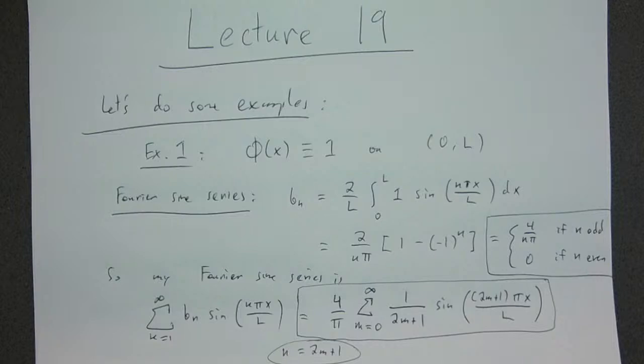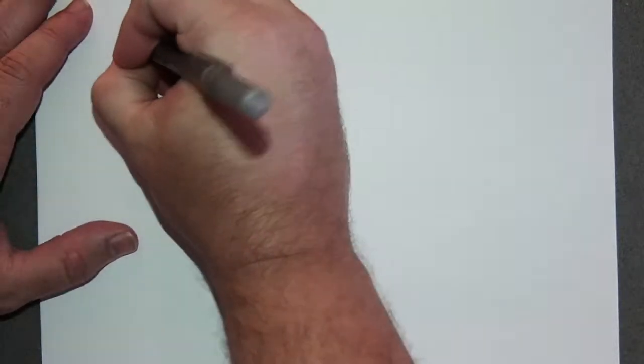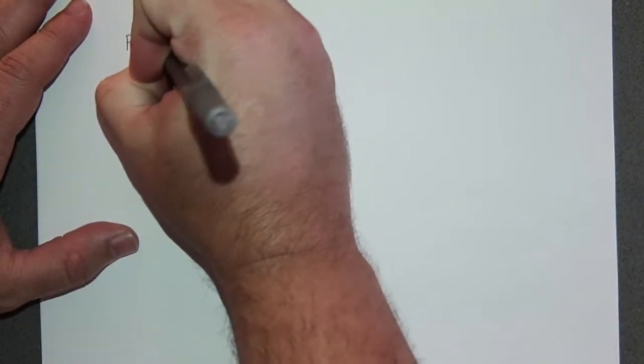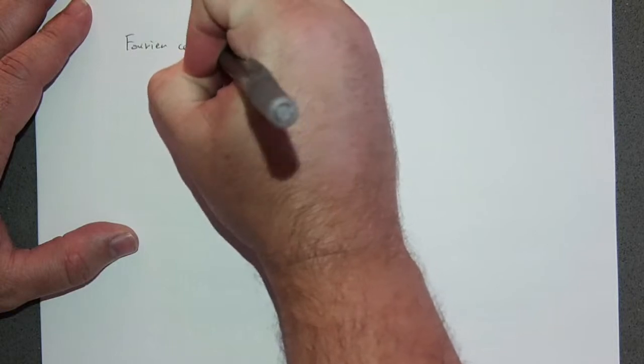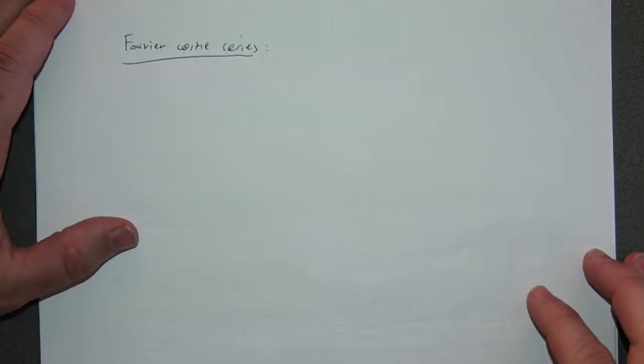Well, what about the Fourier sine series for the same function? Or sorry, the Fourier cosine series for the same function. So what should the Fourier cosine series look like?